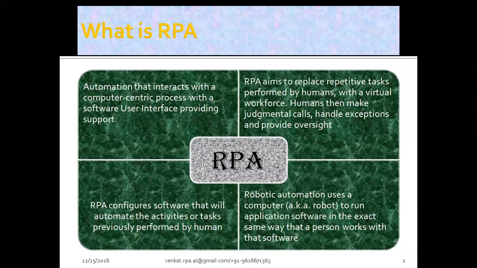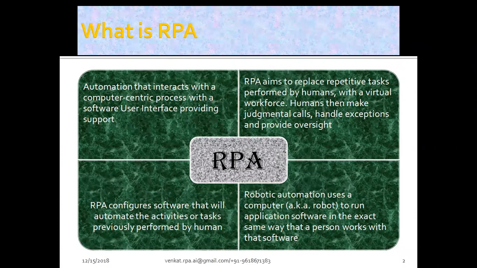A software robot is nothing but, say for example, a person sitting in front of a computer. He logs into the computer, opens some files, opens some portals, and then enters some data and does some activities. It could be some manual activities, and he may run some schedules to run some code. So all those activities are being done by humans.